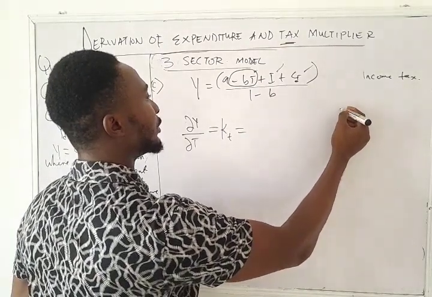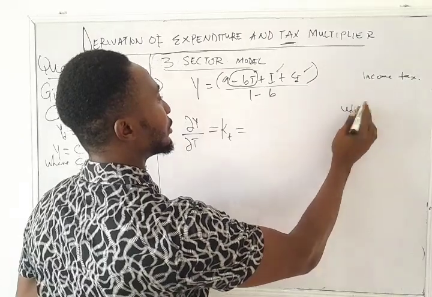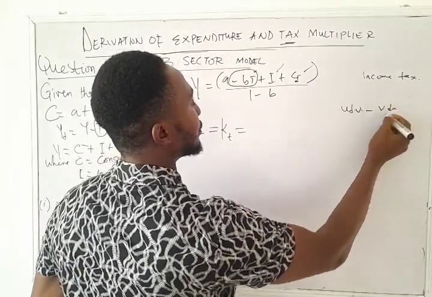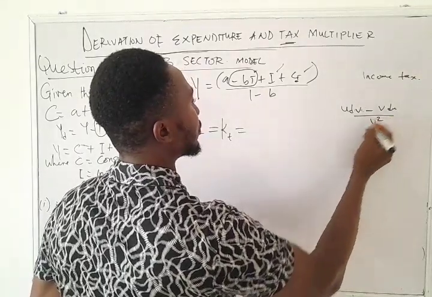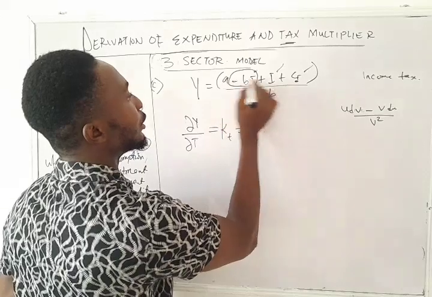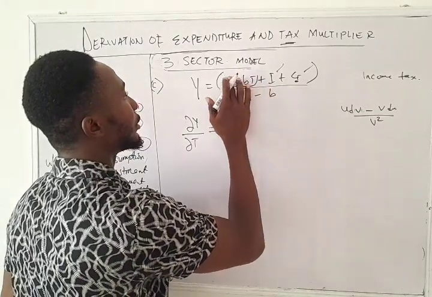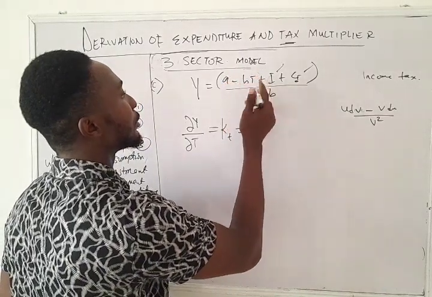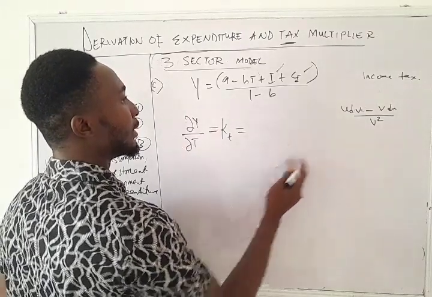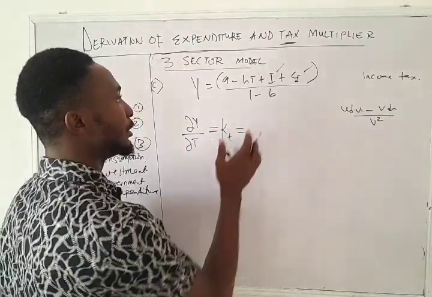quotient rule, which says u dv minus v du divided by v squared. So if we apply this same thing here, we differentiate the numerator with respect to t and then multiply it by the denominator.